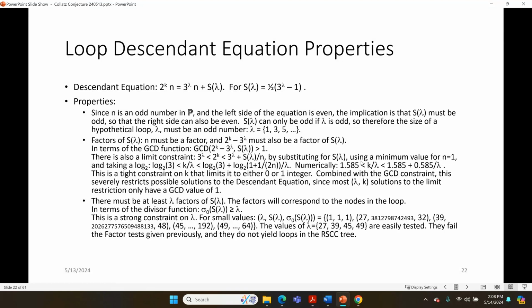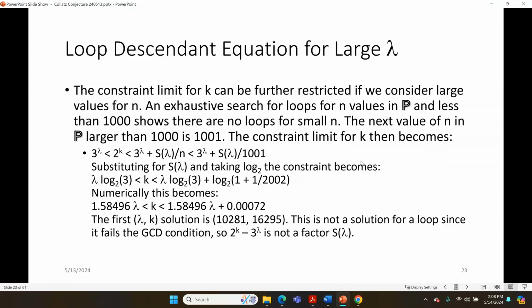These 4 values are easy to check, and we see that they don't lead to any loops in the tree. So that lets us increase the value of n to a larger value. In fact, by exhaustive search, we can verify that there aren't any loops for values of n under 1,000.